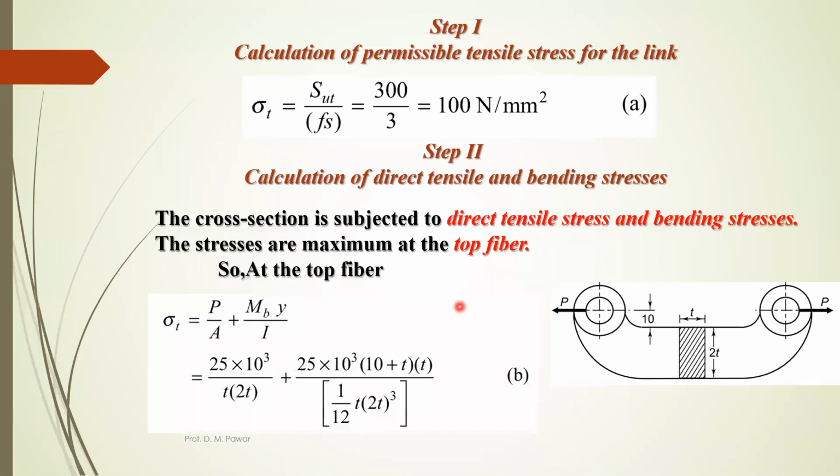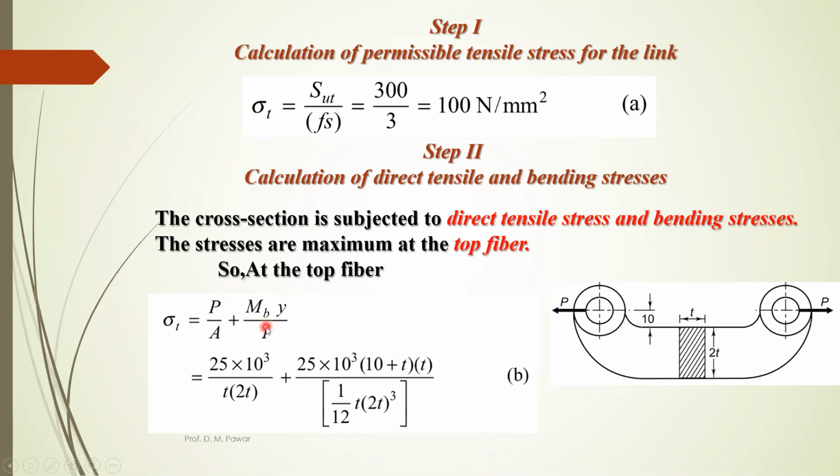Tensile stress is simply force divided by area, and bending stress is M_b y upon I. The total stress acting on the component is the combination, or addition, of tensile stress and bending stress.